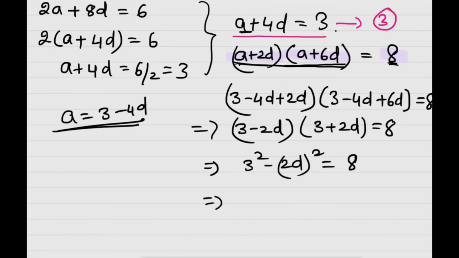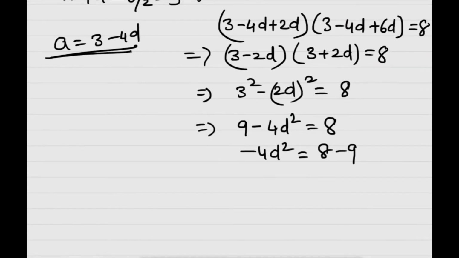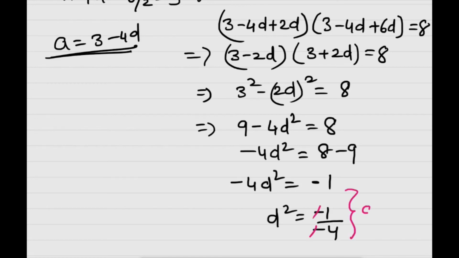So this says that 9 minus 4D square will be equal to 8. So minus 4D square will be equal to 8 minus 9. Okay. Now see, minus 4D square will be equal to minus 1. So D square will be equal to minus 1 divided by minus 4. You can cancel negative. So D square will be equal to 1 by 4.